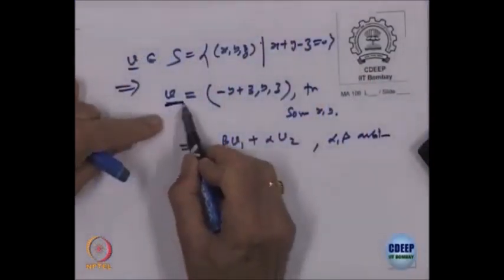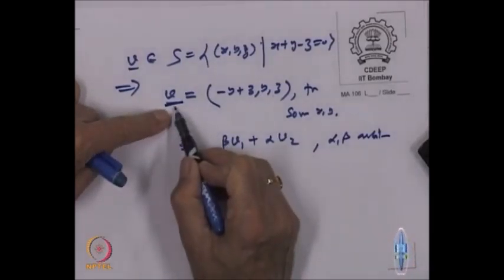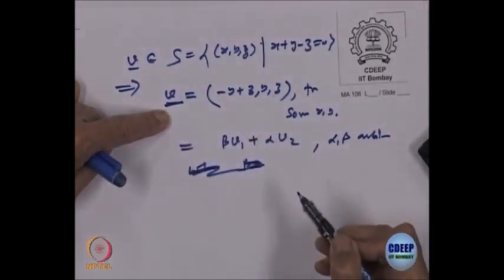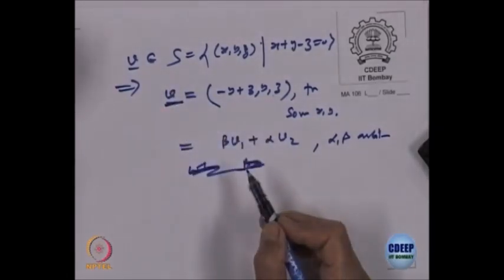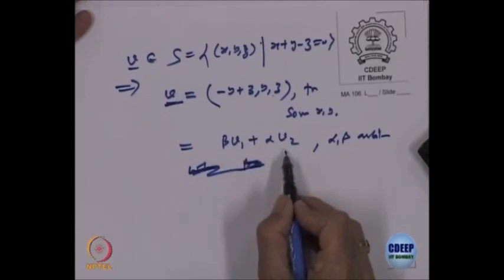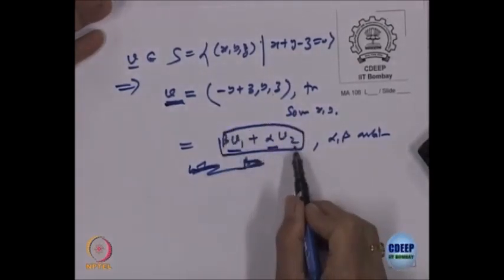If you know V, you can compute alpha and beta from the system of equations, in terms of the components of V. But that itself says that V should be equal to this, where alpha and beta are arbitrary. That means every solution is a linear combination of V 1 and V 2.